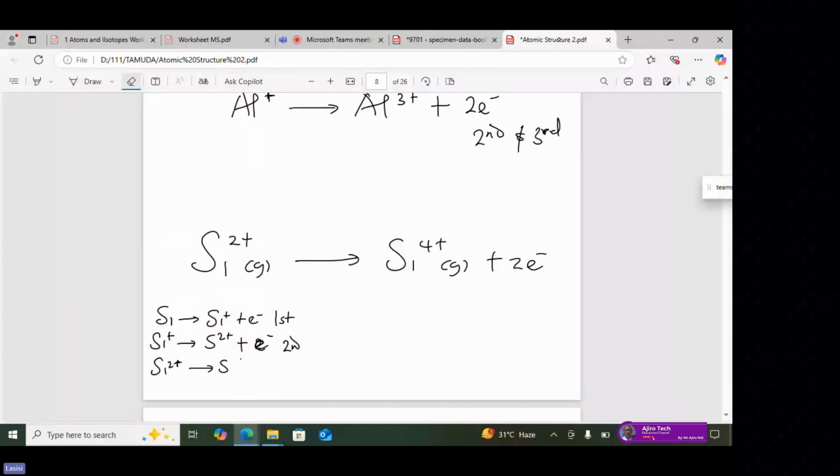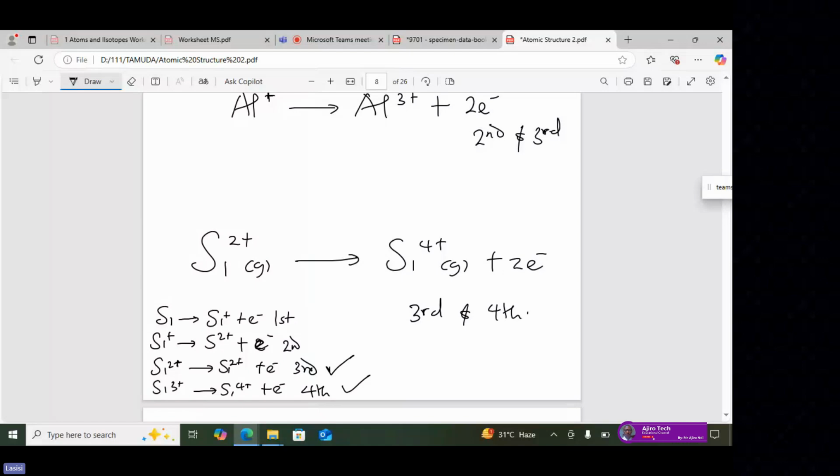That's third. Then Si3 plus to Si4 plus. Si4 plus is there, so it includes this and this. Therefore, third and fourth.